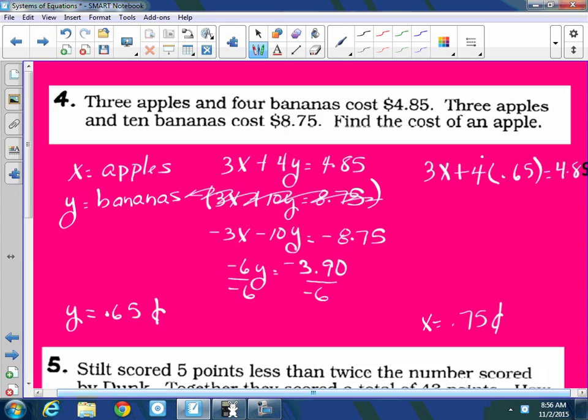I am going to ask for only one of them, either apples or bananas. Now, because I chose elimination, I have to do both, right? Both of them will be part of the choices, and the wrong one will probably be first, correct?